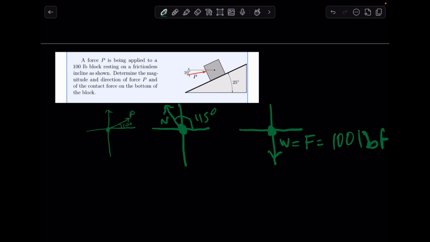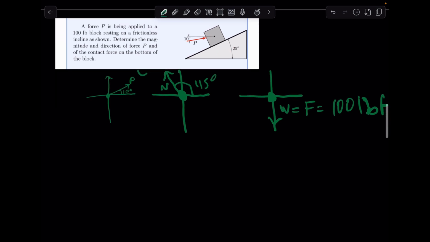Just to recap, we have P here, this external force P right there. We have N, which is the normal force acting perpendicular to the surface. That's represented in this diagram right here. And finally, we have the weight, which is represented by this right here, just going straight down.